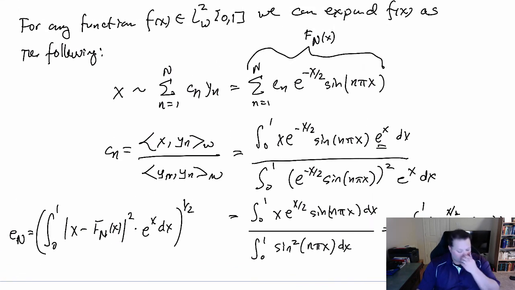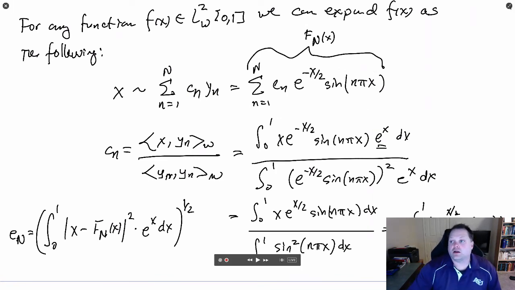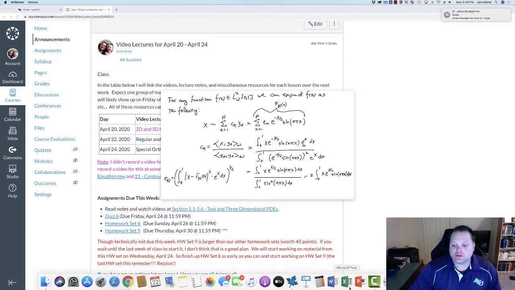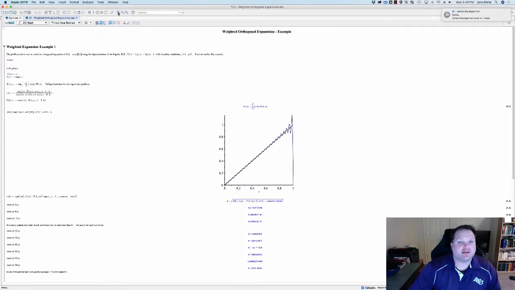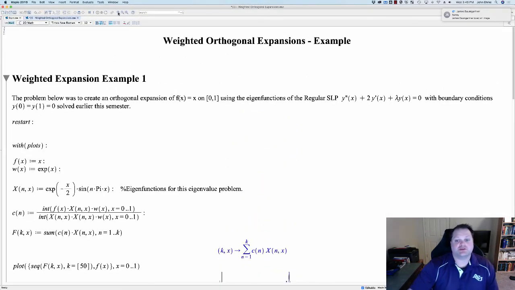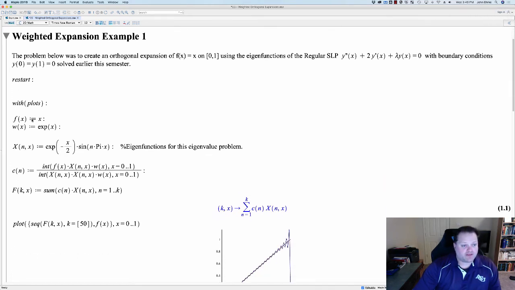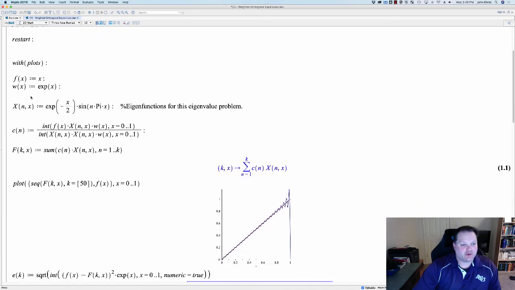I'm going to show you this example is available to you to look at in Maple. The title of the Maple file is Weighted Orthogonal Expansions. So here's the SLP that we just looked at. My function is x, my weight is e to the x. We obtained the eigenfunctions for this eigenvalue problem.